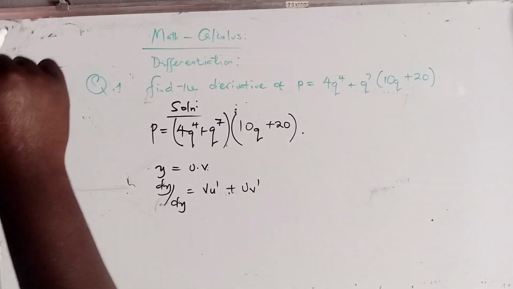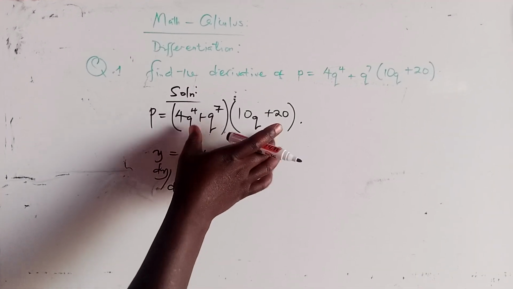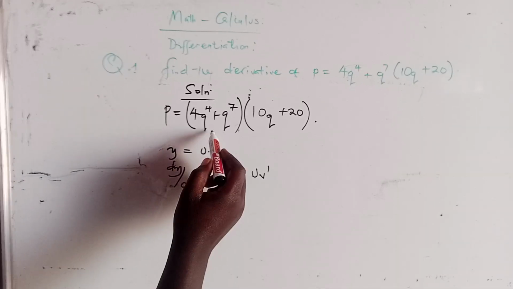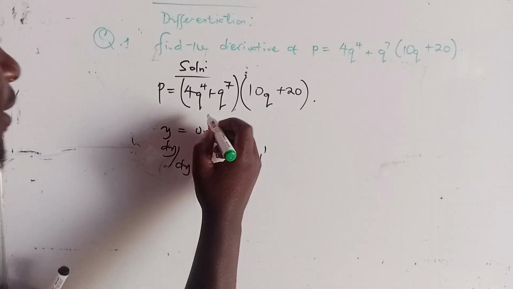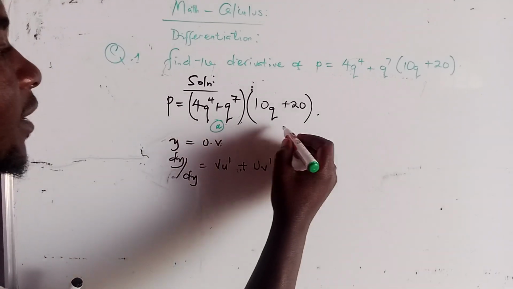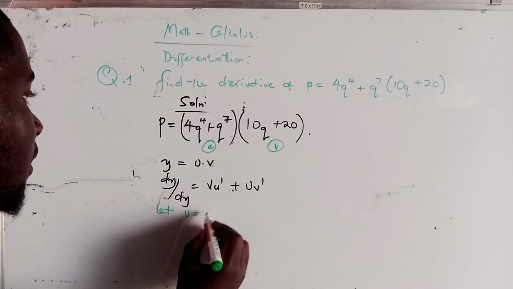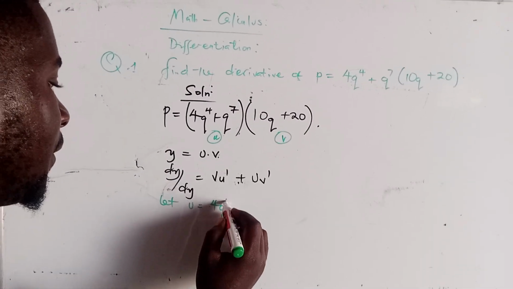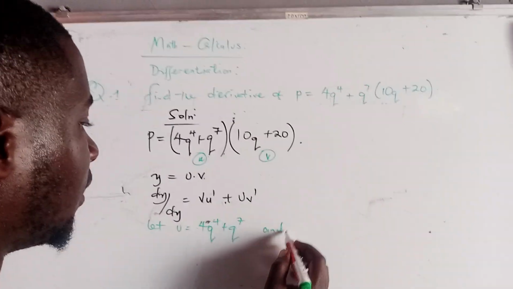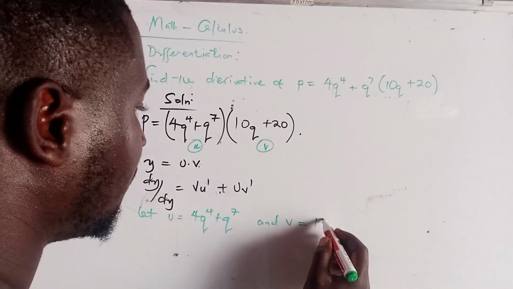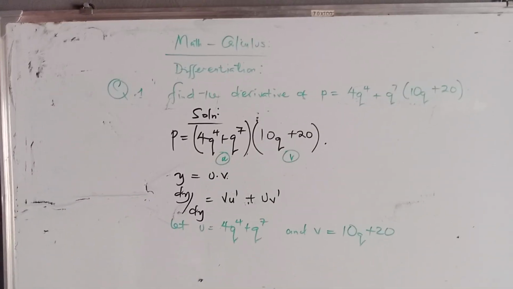From here, if you want to apply this formula in this question, I'm going to term this one as our u and this one as v. So let u be 4q^4 + q^7, and let v be 10q + 20.